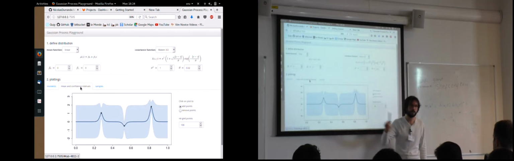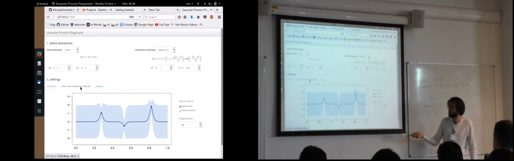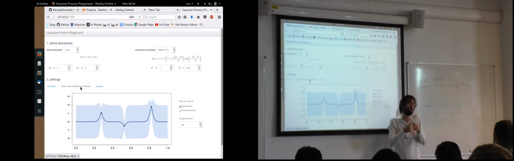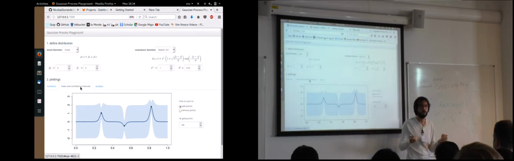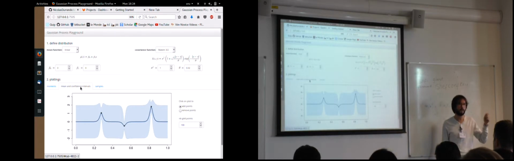So look at your model. If you have a very small value for the length scale, even in one dimension, your model is basically telling you, I don't know anything, because all the predictions you're going to ask me to do will be very far away from all the observations I have. So it's very important to look at this length scale parameter during the optimization. Do you have any questions on that?